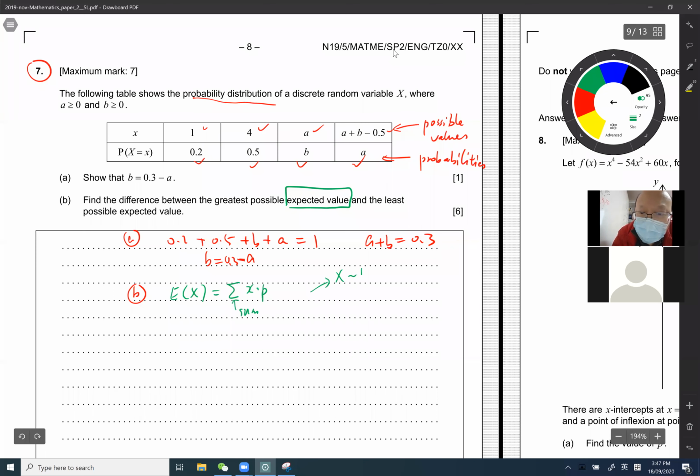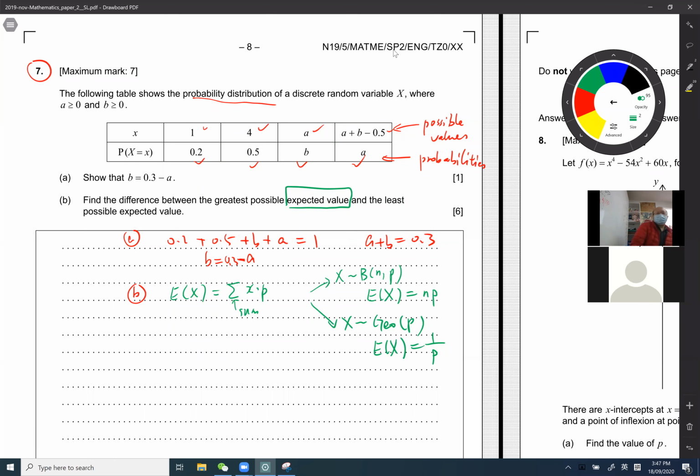If X is binomial, the expected value is the mean, np. If X is geometric, expected value is 1 over p. Okay, that's expected value.